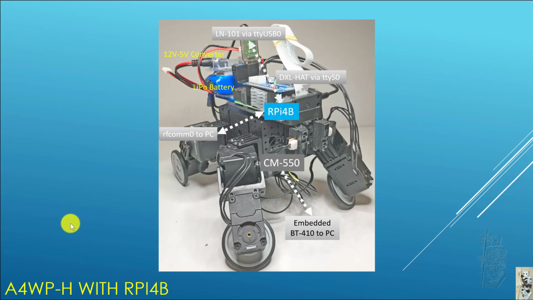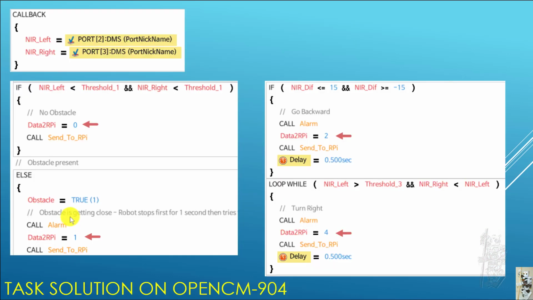So, task solution, very simple. The task is monitored using a callback routine to monitor the INR left and right, and then there is an algorithm that runs through if structures. When there is no obstacle, it will send remote control packet 0 to the RPi. When an obstacle is getting close and first detected, it will send a 1 to the RPi.